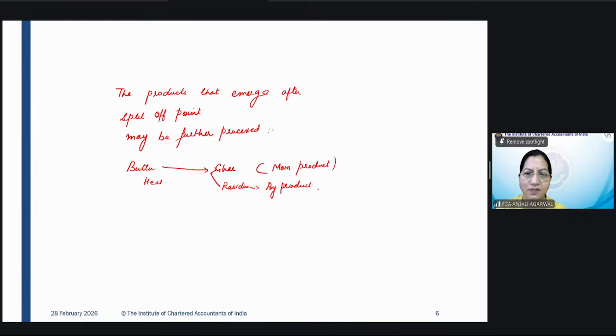You may process this residue further, adding some sweeteners, and convert it into sweet. So whatever emerges after the separation can be further processed and sold in the market, or sometimes sold as it is. In the market, you can sell both butter and ghee. Both are sellable, right?